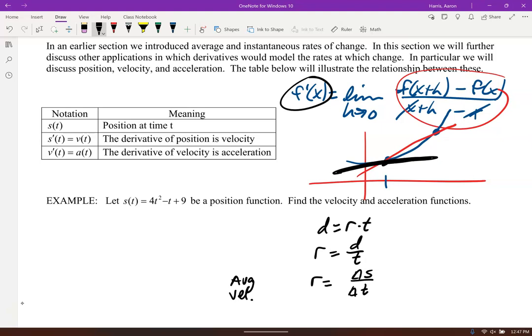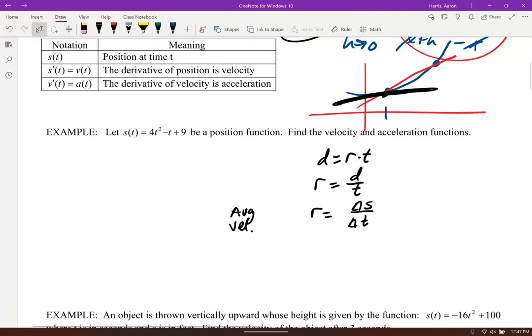If you run the limiting process on that, you would use the alternative form of the derivative, then the velocity ends up being the derivative of the position.